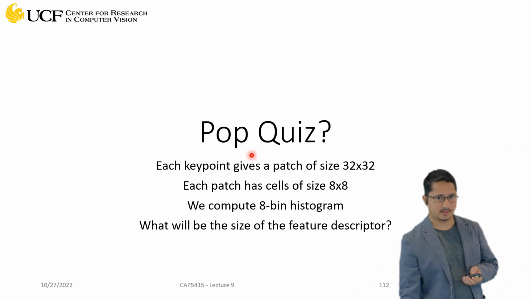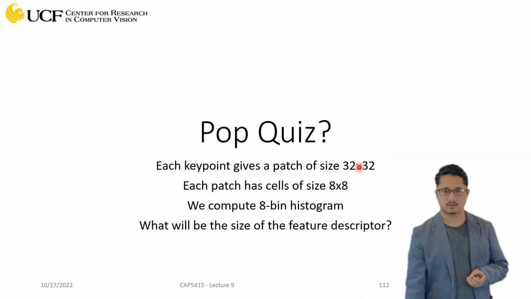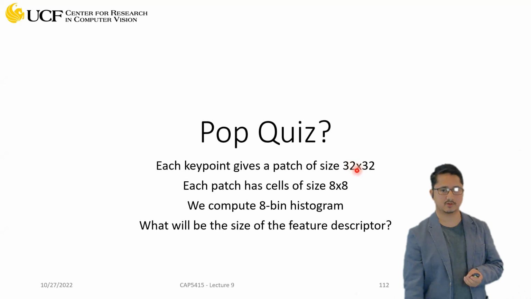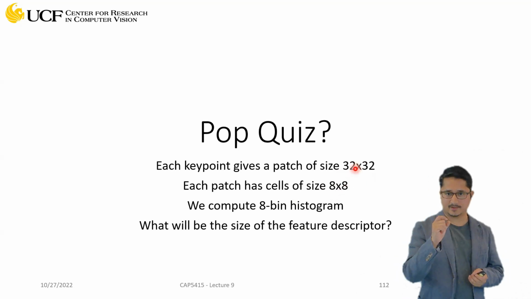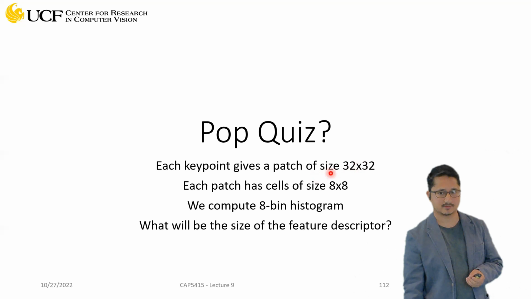Let's say you detect one key point and the patch size is 32 cross 32, so 32 pixels in height and 32 pixels in width. Each patch has cells of size 8 cross 8, 8 pixels height and 8 pixels width.